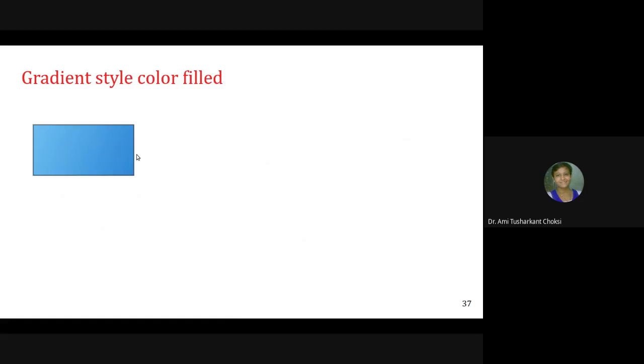You can see the color change, it is not uniform. This side it is a bit darker and here it is a bit whitish, isn't it? Here it is a bit whitish and here it is a little bit more blue, right? So that is the gradient style color fill. Fine.